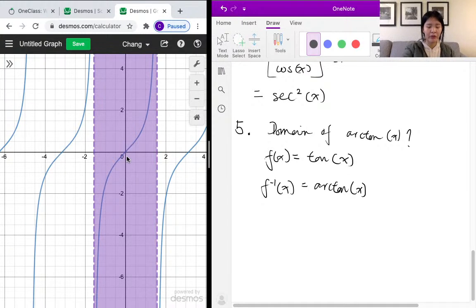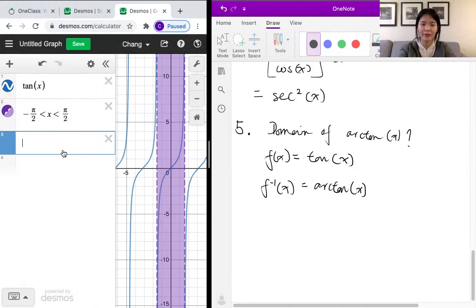In order for the tangent function to have an inverse, mathematicians restricted the domain of the tangent function.